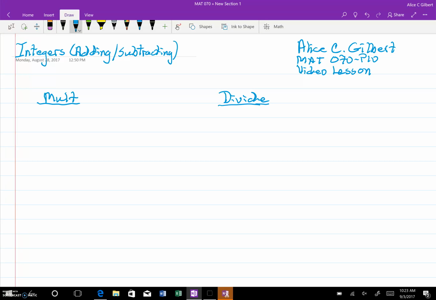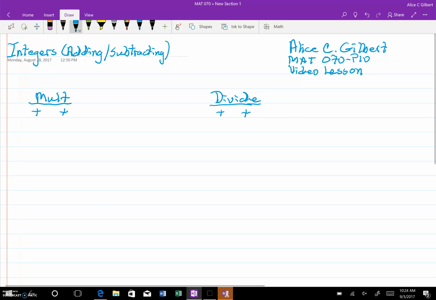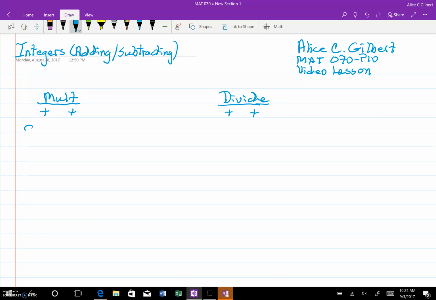We can either have two of the exact same sign, and whenever we have that, then when we multiply or divide these, our answer, the sign, is always a positive.